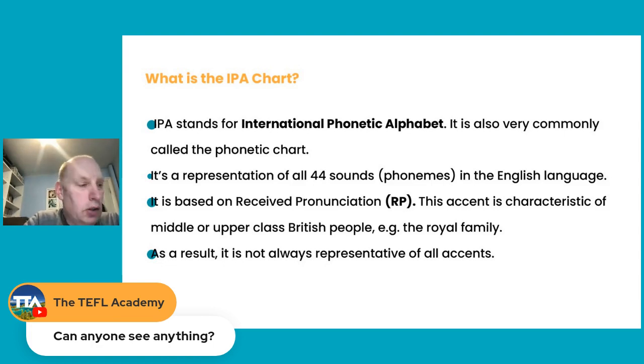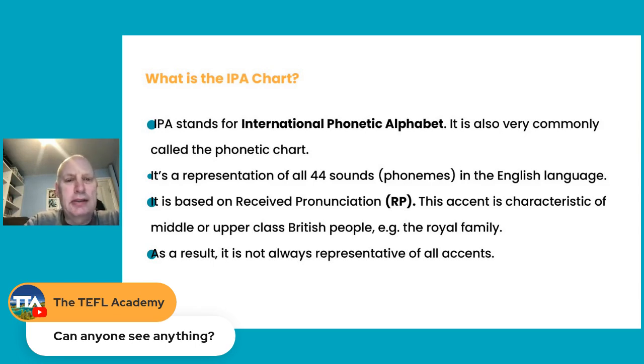Some of you will have already used this either in dictionaries or in preparation for your various assignments. As it says, a representation of all 44 sounds in the English language. There are, of course, IPAs for other languages, and they are all very, very different.